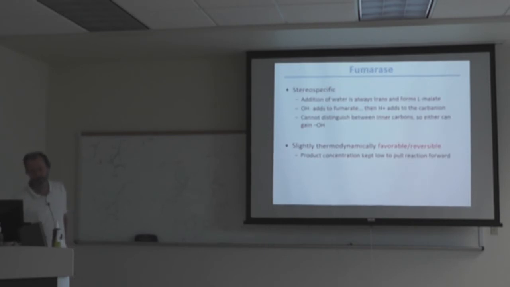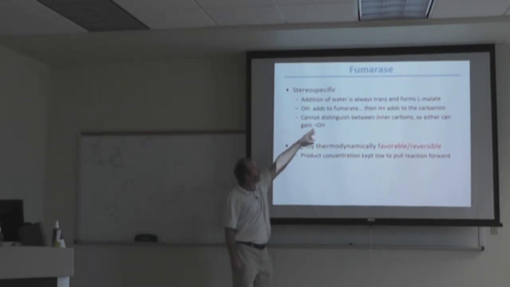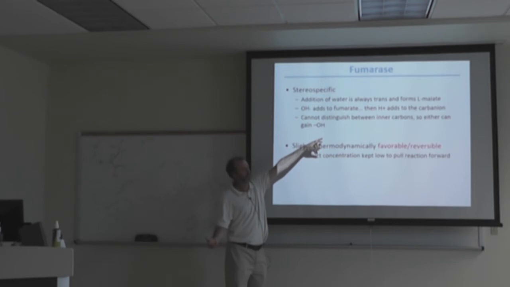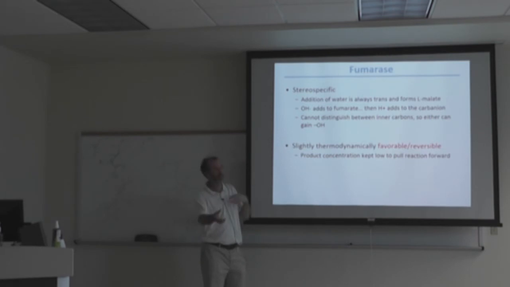Fumarase adds the water and always forms L-malate: hydroxide adds to fumarate, then a hydrogen ion adds to the carbanion. It cannot distinguish between inner carbons, so either can gain the hydroxide.